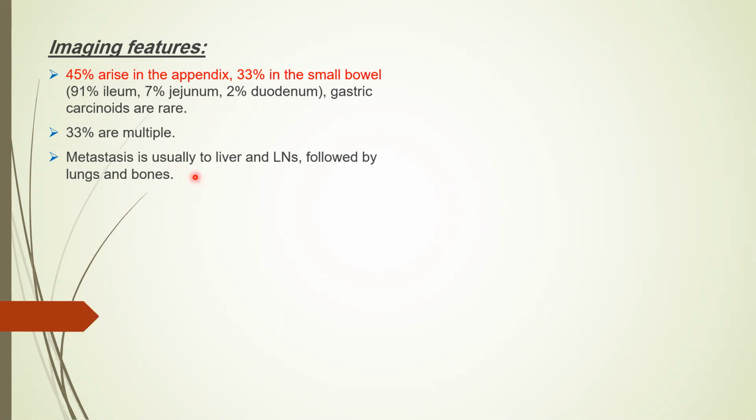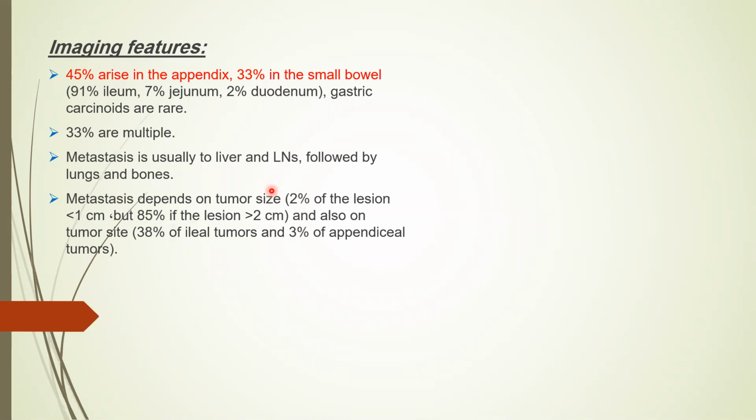Metastasis occurs at the liver and lymph nodes, followed by lung and bones. The metastasis depends on the tumor size. The larger the lesion, the more likely the incidence of metastasis, and also on the tumor site.